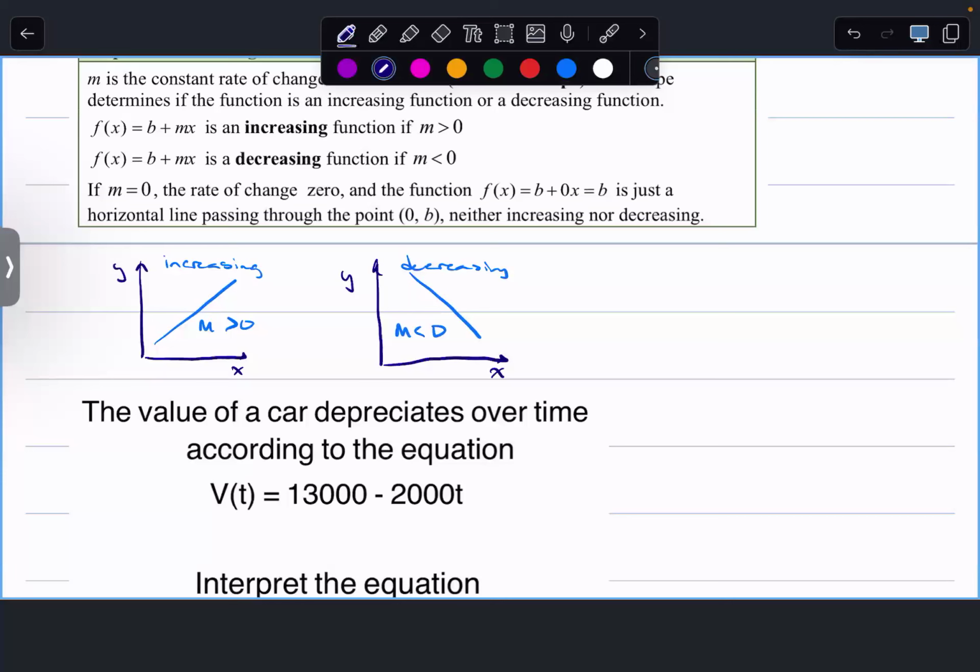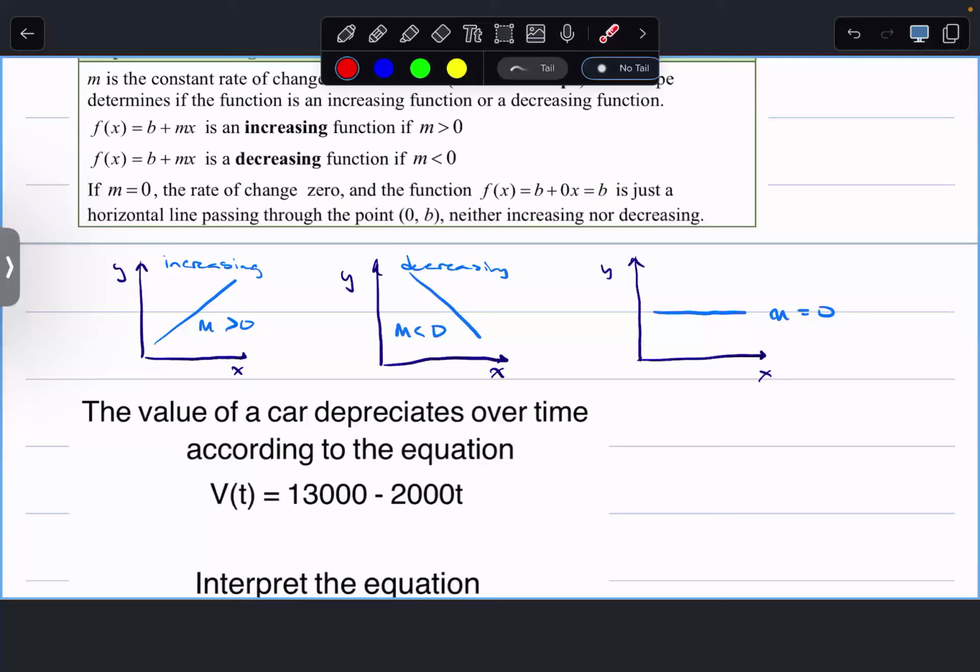And then the last one is a slope of 0. If the rate of change is 0, then the output is just going to be b all the time, right?